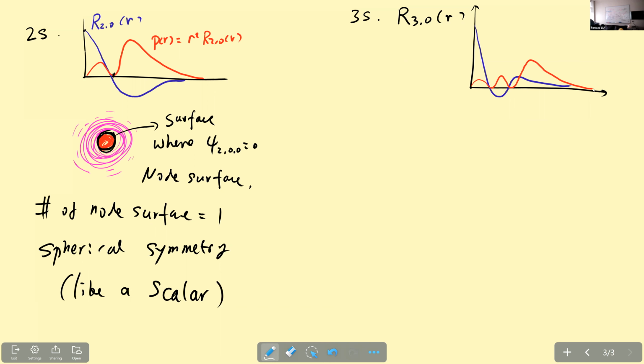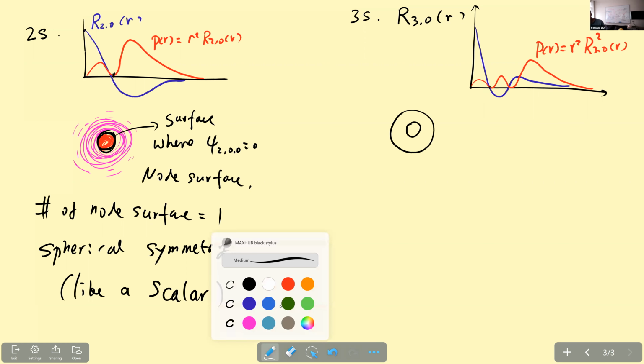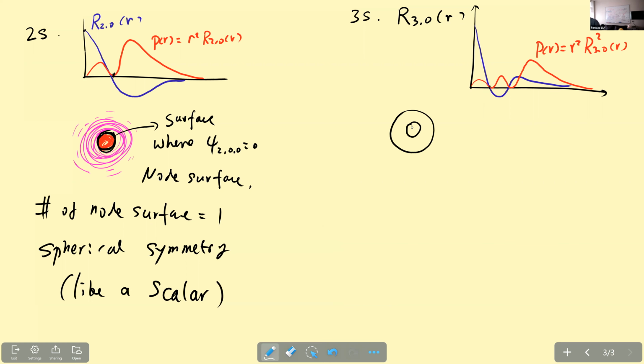Okay, so this is P(r) equals to r squared R30 squared, right? And then you plot the wave function, and there will be 2 nodes, corresponding to say this one, and this one. So inside is something like this one.